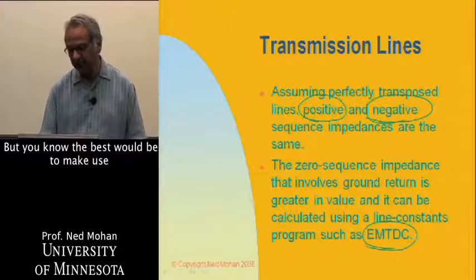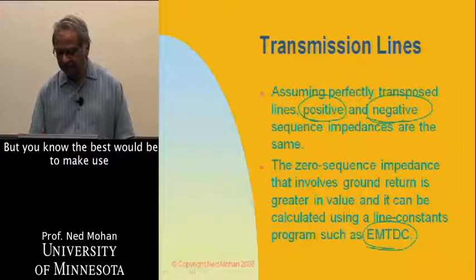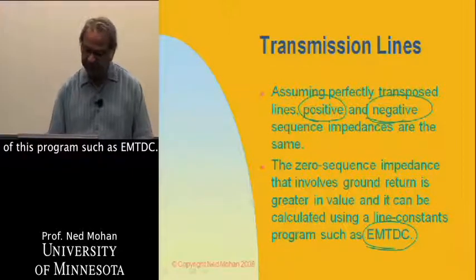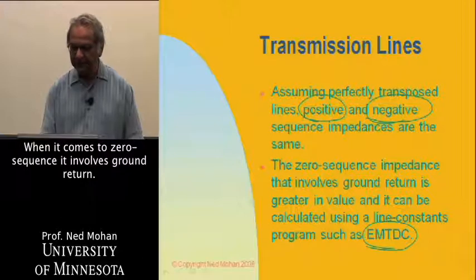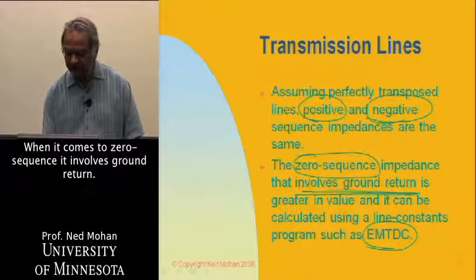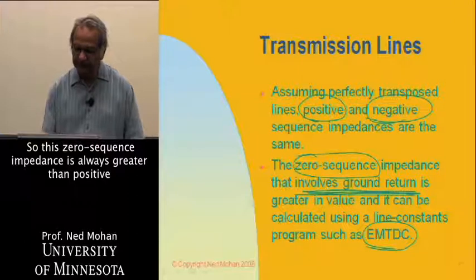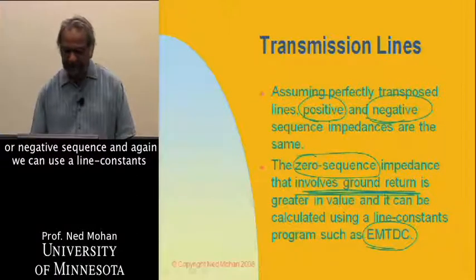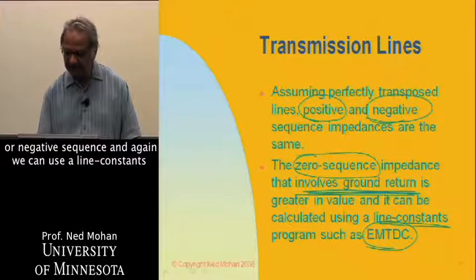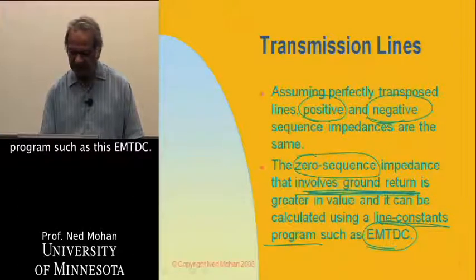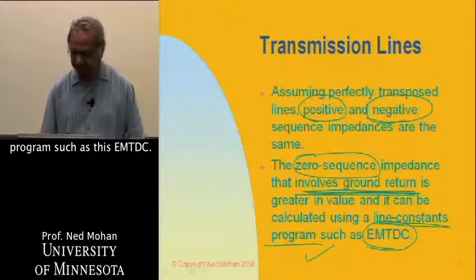But the best would be to make use of a program such as EMTDC. When it comes to zero sequence, it involves ground return. So this zero sequence impedance is always greater than the positive and negative sequence. And again, we can use a line constants program such as EMTDC.